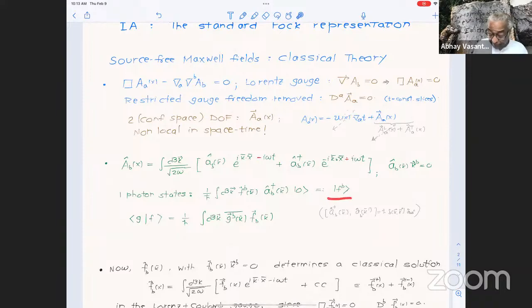A general one photon state will be obtained by smearing with D3K. Then the scalar product is given as follows: if F and G are two one photon states, then the inner product is just given by D3K times G bar times G.